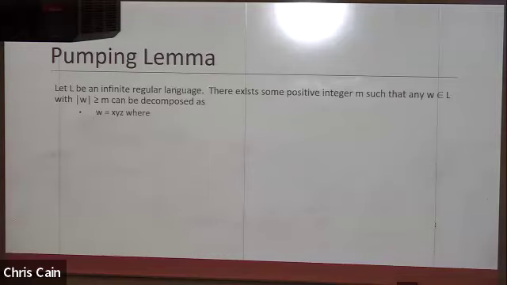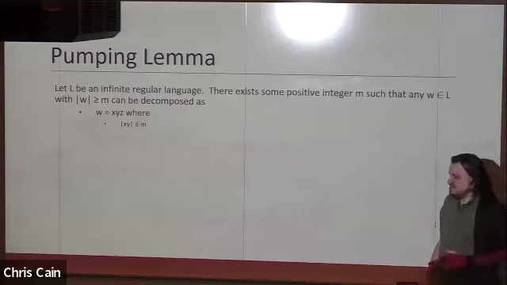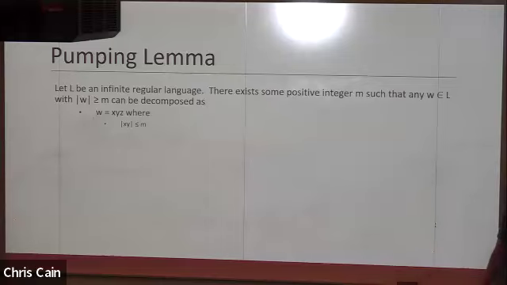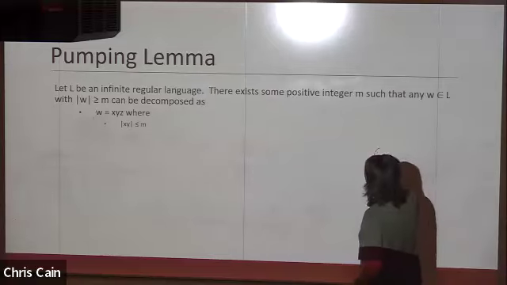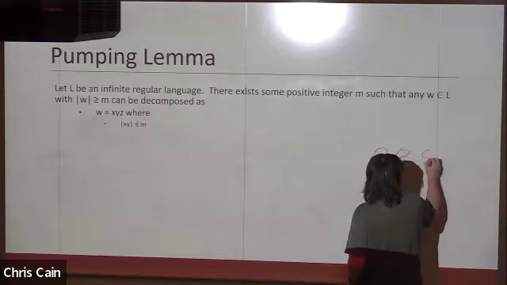All right. There are some conditions on this. We know that the length of X, Y has to be less than or equal to M. This makes sense when you think about it. Getting to the cycle and completing the cycle takes at most M characters for that same reason. If there are 3 states in the DFA, the first character gets you to the second state, the second character gets you to the last state.